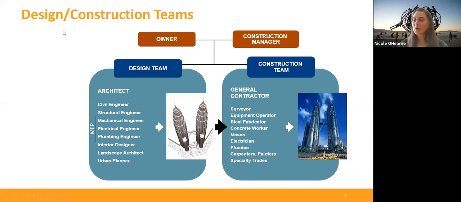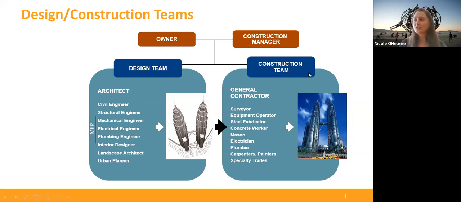But once that's sorted out, you have two major teams. One is the design team, which has the architects, all the engineers, the interior designer, landscape architect, and urban planner, who are creating the plans and the designs for what the building's going to look like.